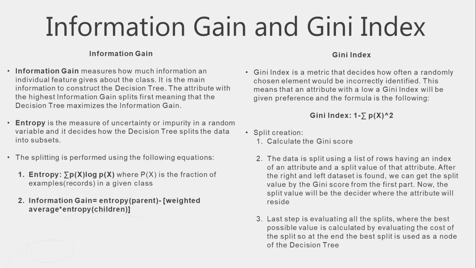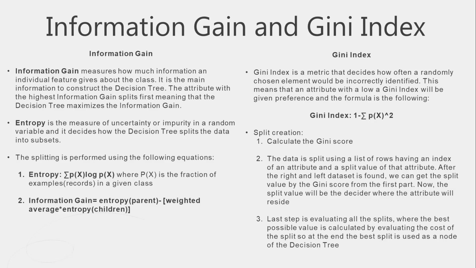On the other hand, the Gini index is a metric that decides how often a randomly chosen element would be incorrectly identified. This means that an attribute with a low Gini index will be given preference, and the formula is the following: 1 minus the sum of p of x squared.